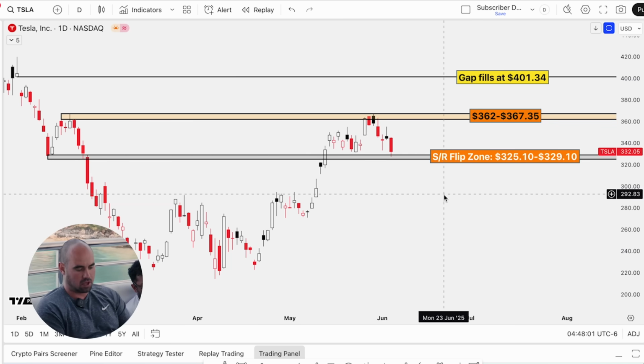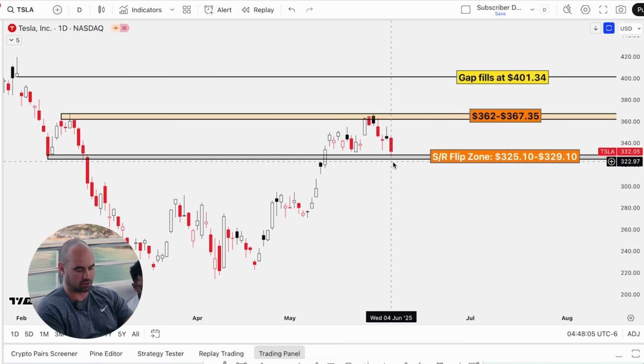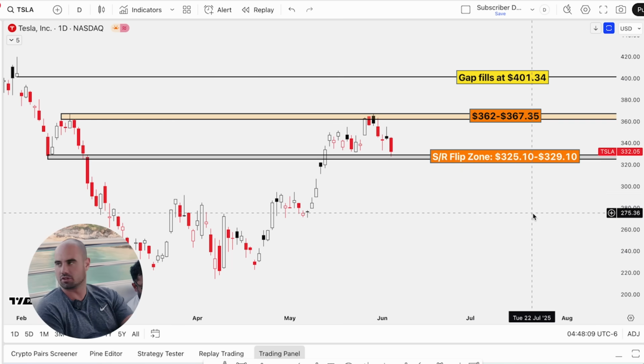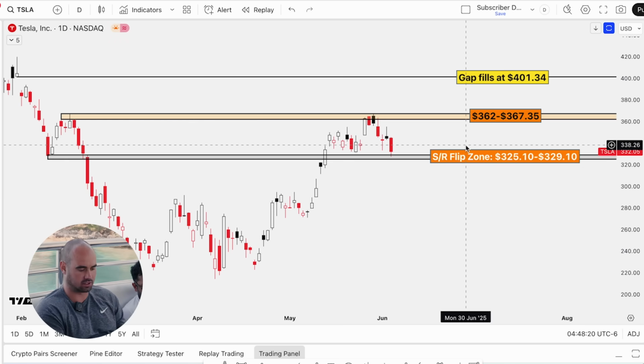If you're a range bound trader, this is probably a decent risk to reward, because your invalidation would be the bottom of this zone at 325.10. So you're risking about 7 to make about 25, up to 362 to 367.35. This would totally be a decent range bound trade.